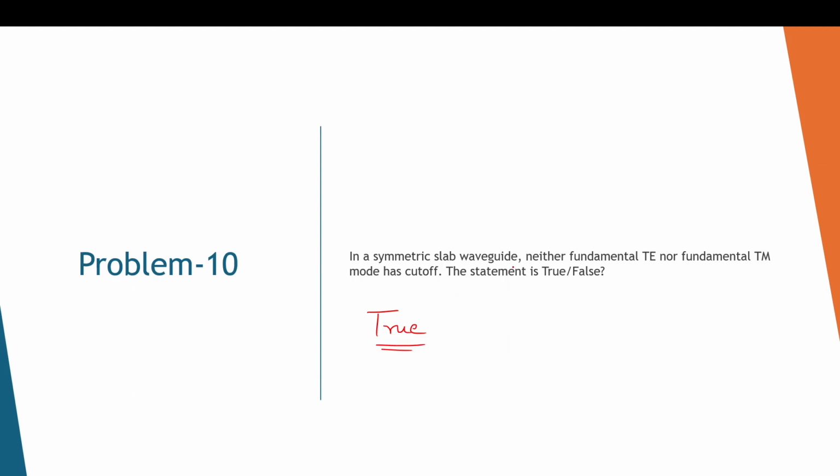If we just look at the characteristic equation, LHS and RHS, of the symmetric slab waveguide, we see that the RHS is a function that looks somewhat like this, and this goes to infinity at kappa equal to 0, and there will be some kappa max here, and then tan functions will always go like this, right?